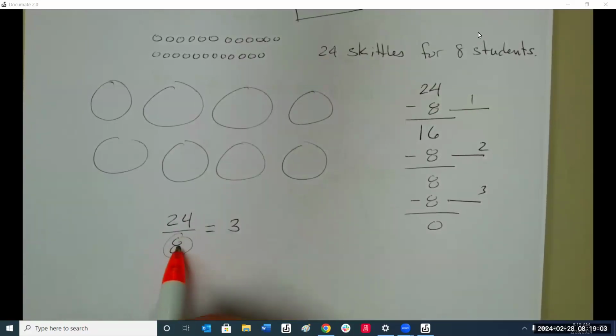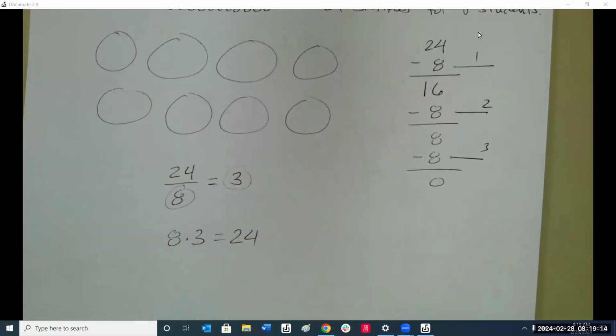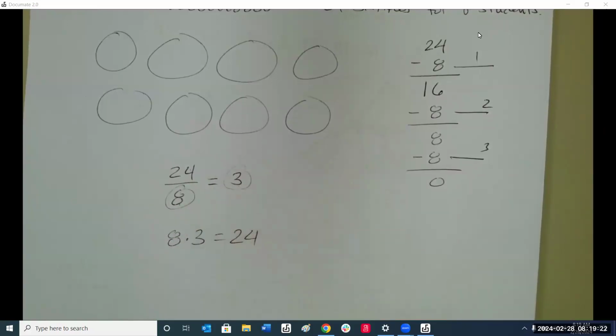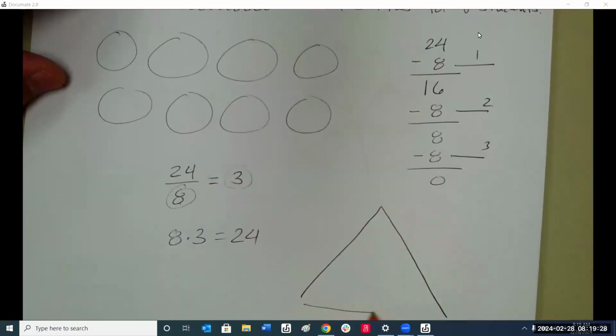Yeah, I would take 8 times 3 and see if it equals 24. Because division is the inverse of multiplication. So if I'm doing 24 divided by 8, I get 3. That means if I do 8 times 3, I should get 24. Remember this thing?